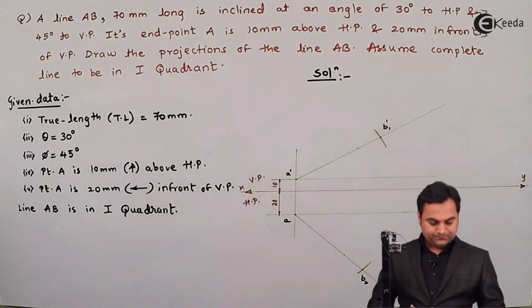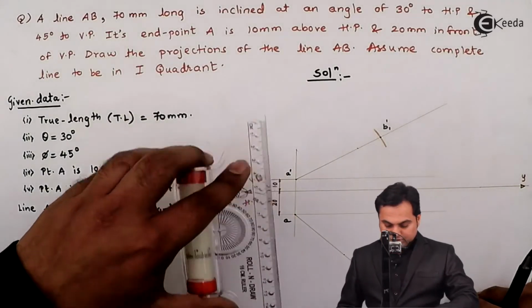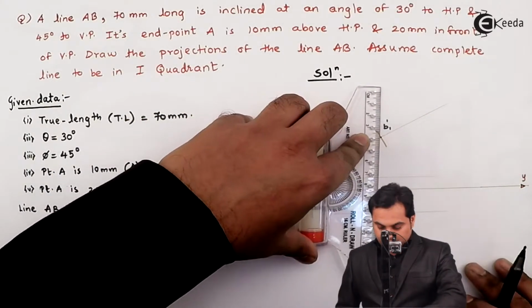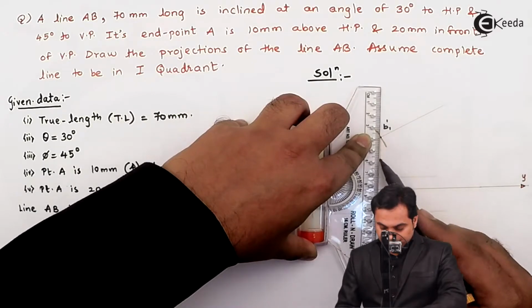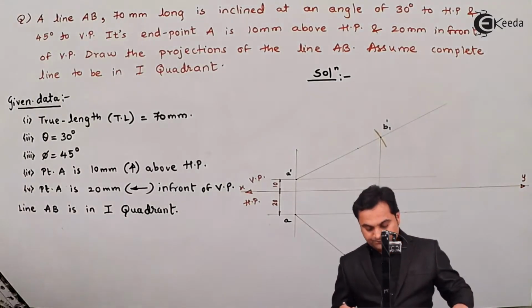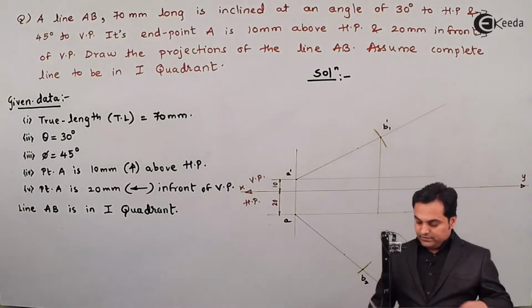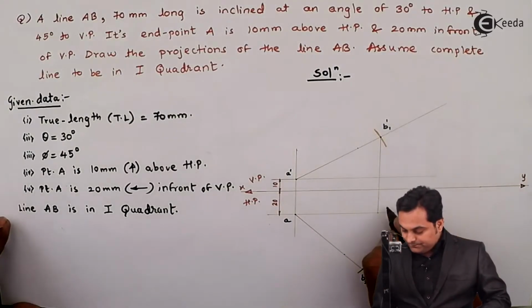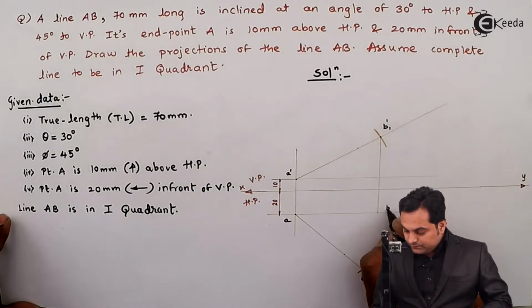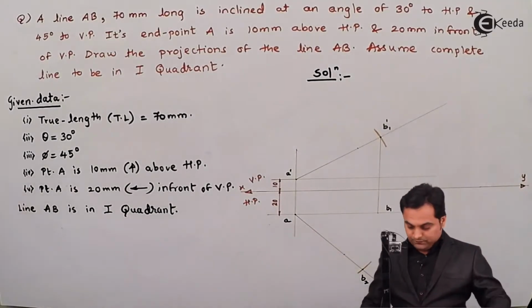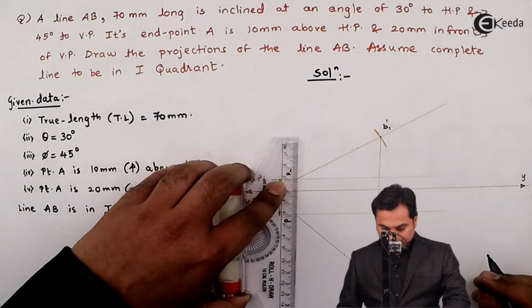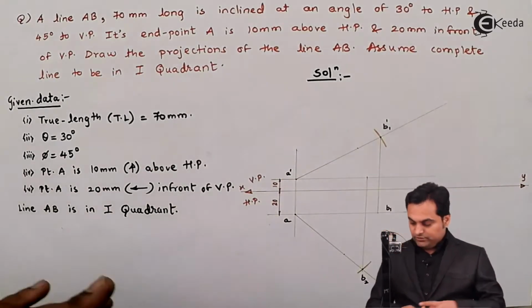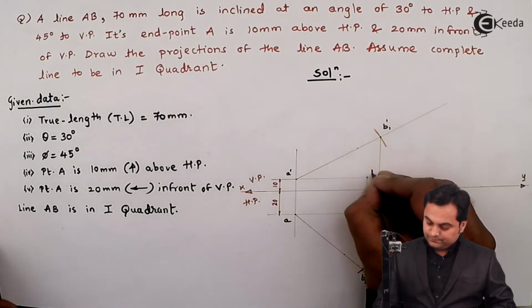For that, here I'll project B1 dash with the help of a light line onto this horizontal line, then giving the notation here as it will be B1. Similarly, B2, I'll bring it up to this horizontal line. Now this will be called as B2 dash.